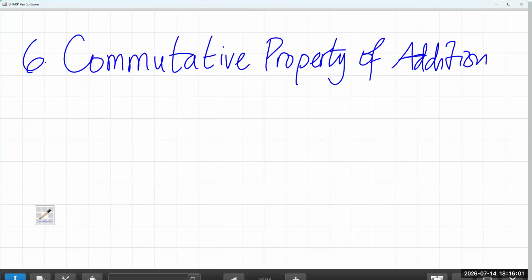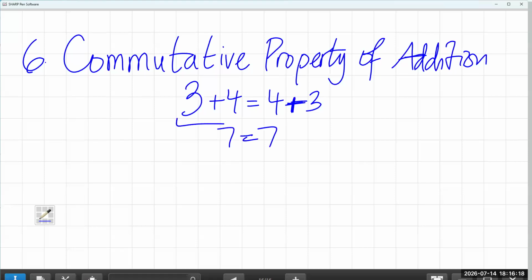So what it means here is that you can basically add things in any order and they will stay true. So if you add 3 plus 4, it's the same thing as 4 plus 3. That stays true. If you have 12 plus 7, it's 7 plus 12.